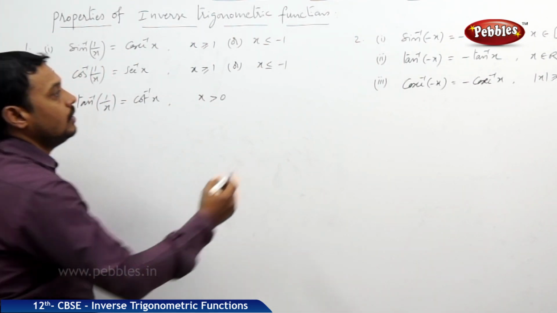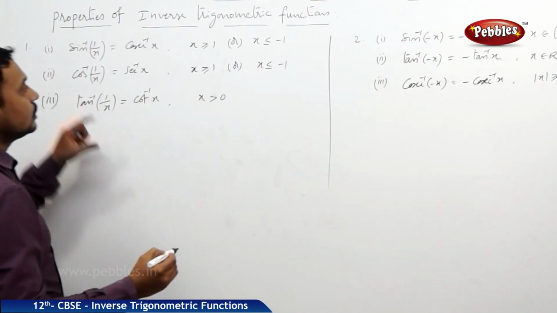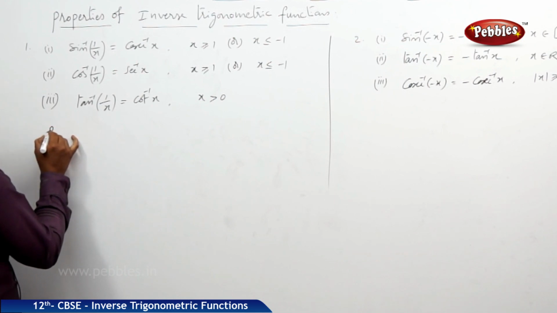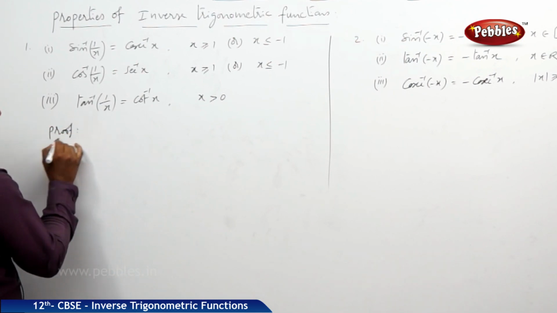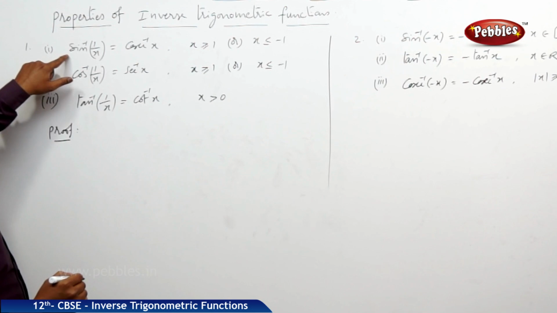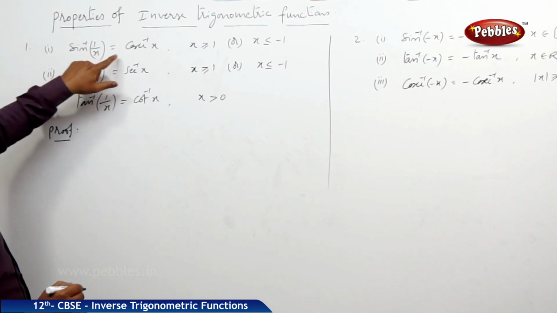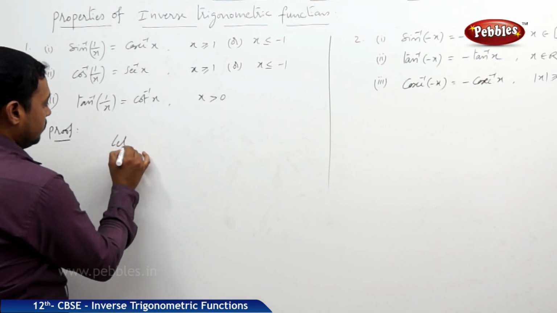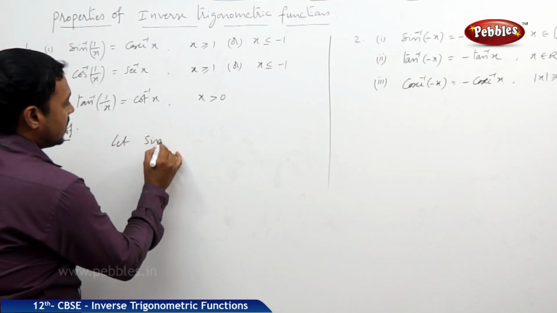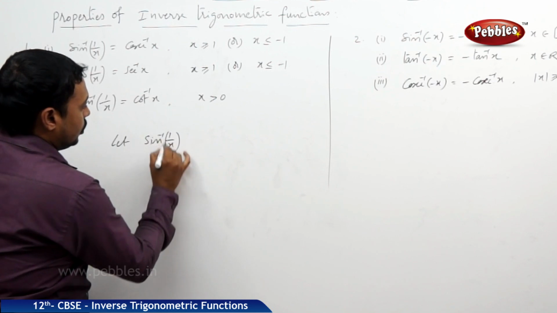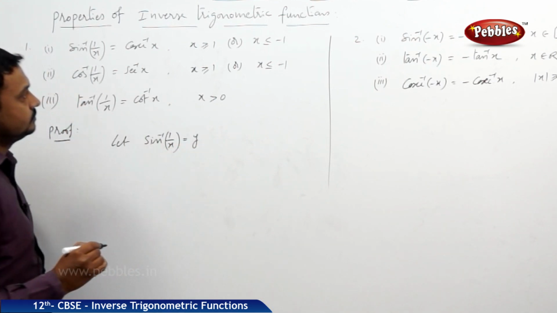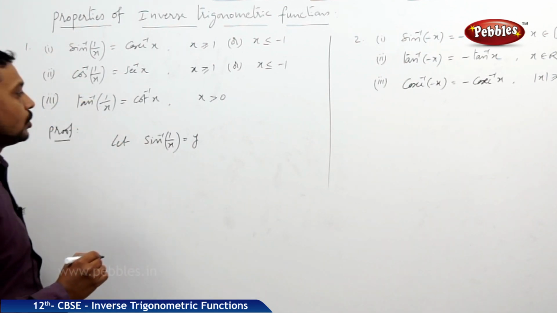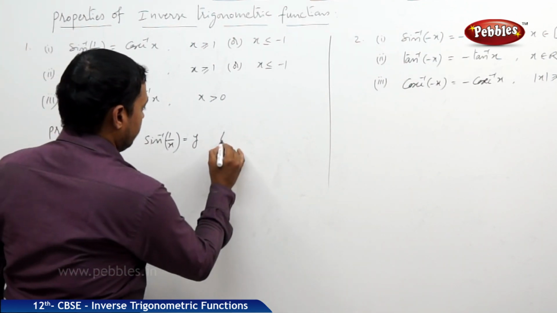Now, first of all, let us prove the first property. Here, the first one is sin inverse of 1 by x is equal to cosecant inverse x. Now, let us take sin inverse of 1 by x equal to some y.